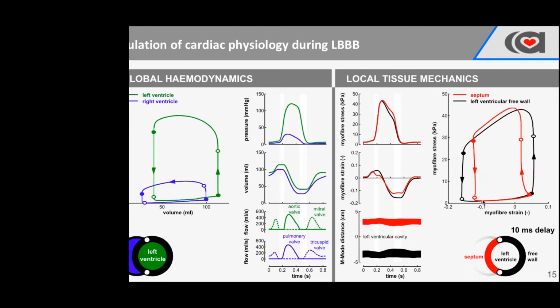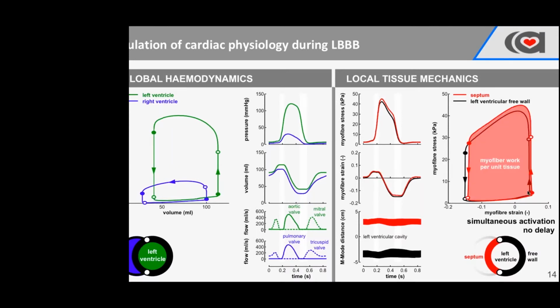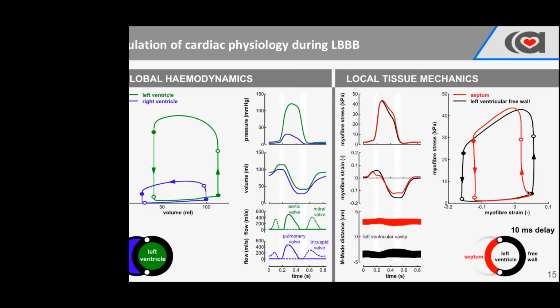But if you now change the activation time of the free wall with a 10 milliseconds delay, you clearly see that those curves are not similar anymore. The red one, the septum, you see that there is an early shortening, that early shortening, whereas the black one is activated later and shortens later in time.